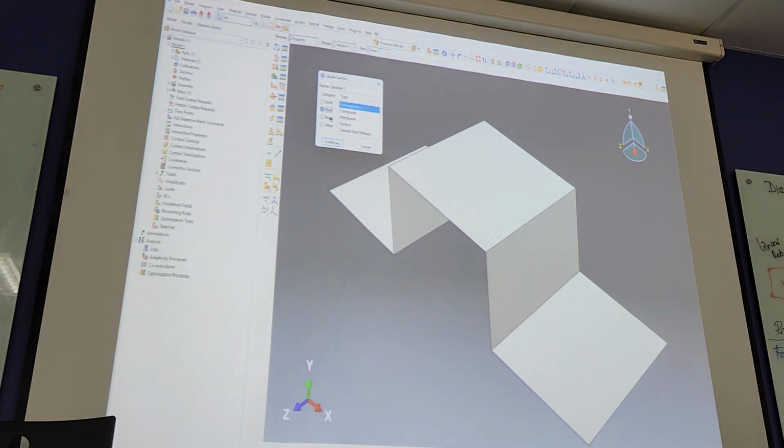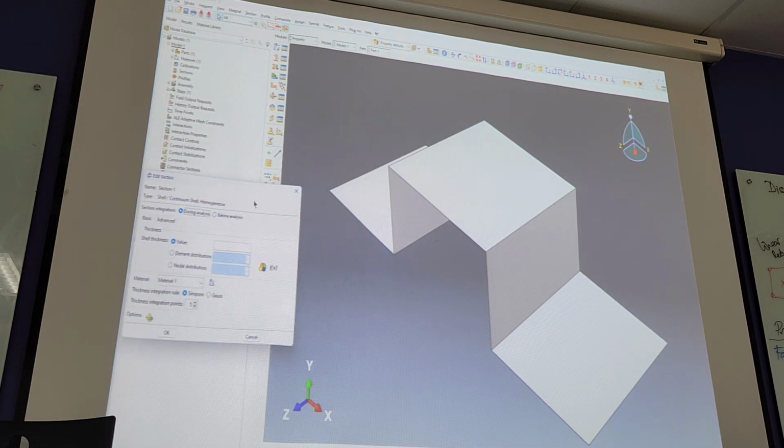Shell as a section is different from shell as a sketching feature. Yeah? So we have to use shell homogeneous. Remember, in your 2D solid, we used solid as a category for the section. But here it has to be shell.